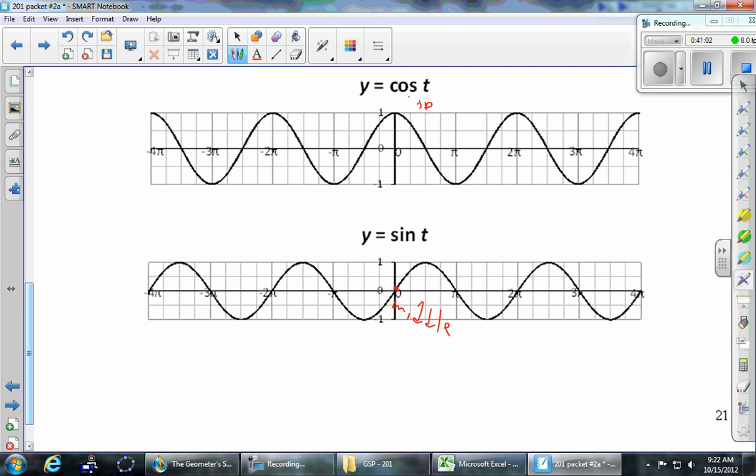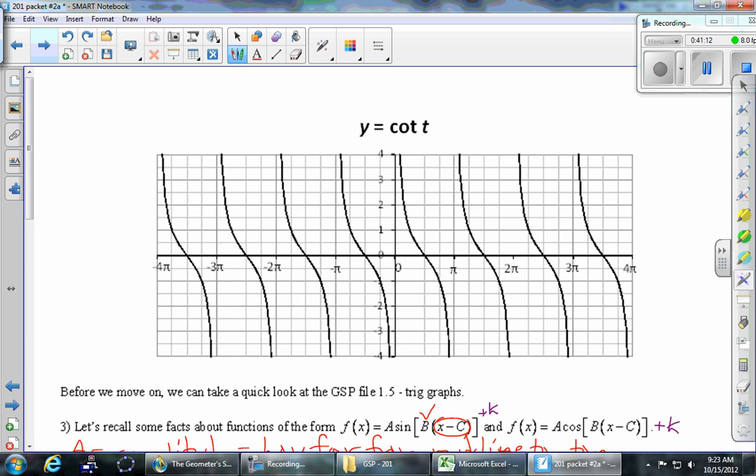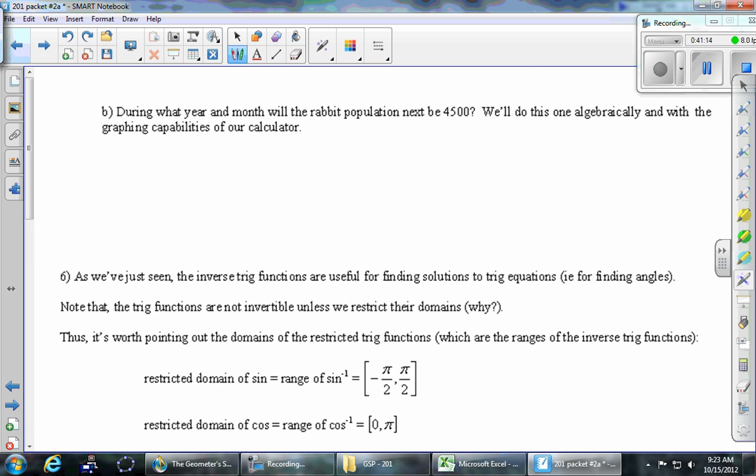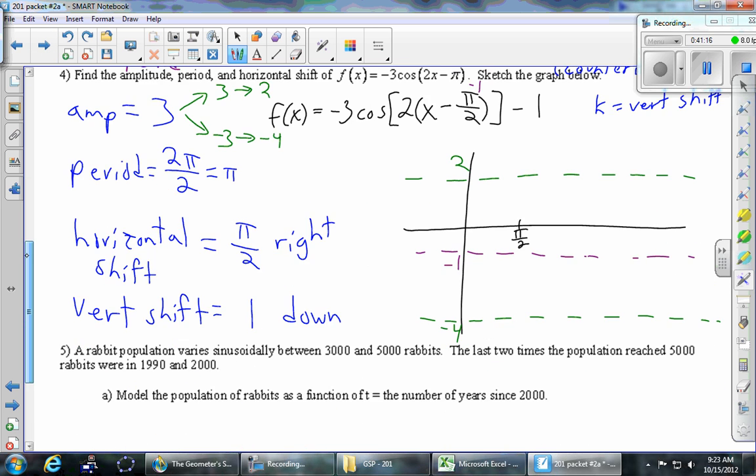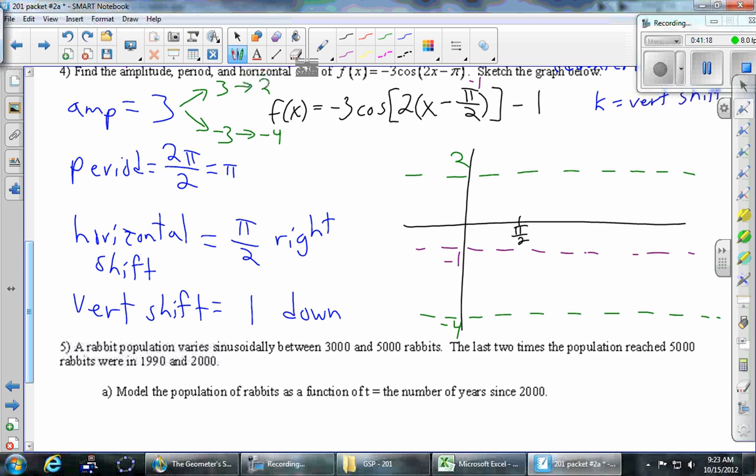So I always think of the graph of sine and cosine as being broken up into 4 pieces. So what that means is that I like to think of these 5 points, and actually it means that you're taking the whole period and dividing it into 4 equal pieces. So what I always do is take the period and divide by 4. So we'll do this right here. Say period divided by 4.